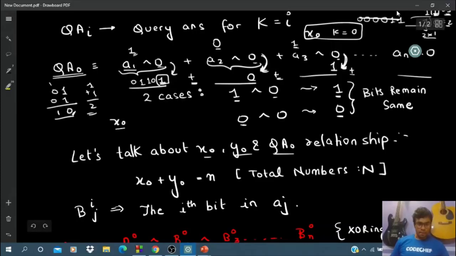As we talked about, if we sum some numbers in binary form, if we talk about one bit, if there are an even number of ones, then that means this value will be 0. If there are an odd number of ones, then that value will be 1. So it's quite similar to XOR, and we'll talk later about why this is the case.